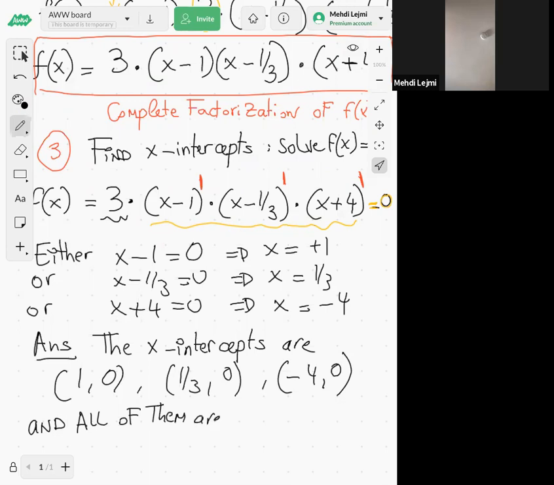Because you see here, the powers, all of them, are 1, right? Any question about this multiplicity thing?